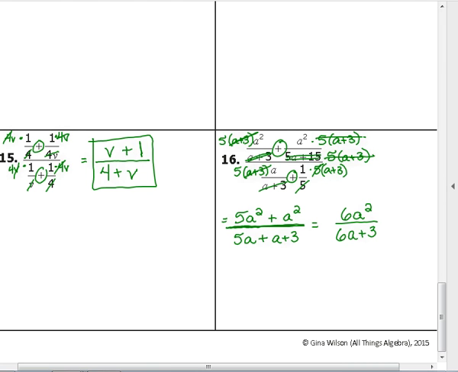I cannot simplify the 6a squared or the 6a, but what I can do is factor out a 3 in the denominator, and now that it's in factored form, I can simplify the 6 over the 3 to leave me with a 2a squared in the denominator. Or you can look at it from the perspective of dividing all those terms by 3, and that's the result.